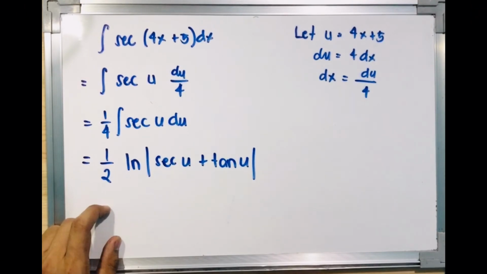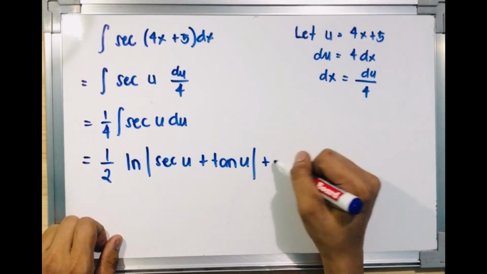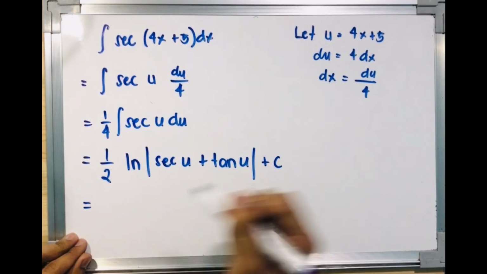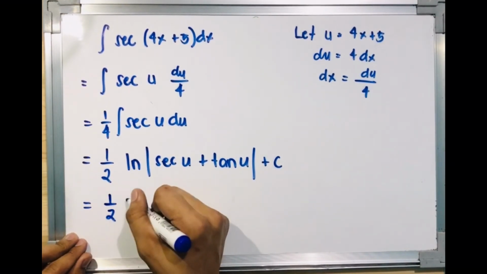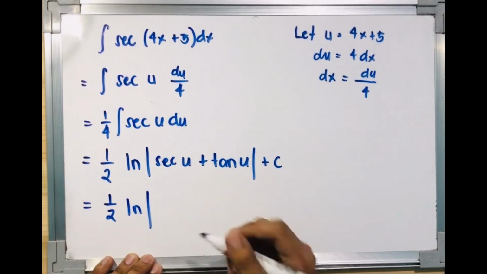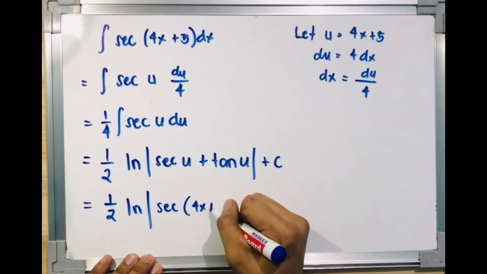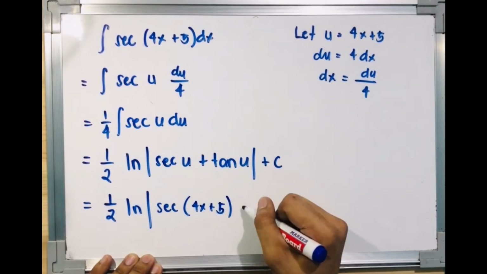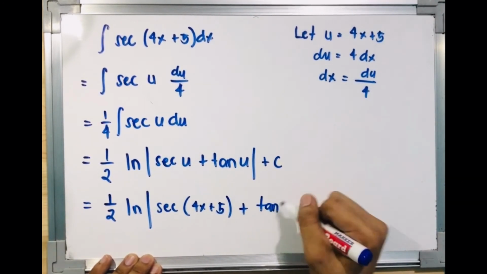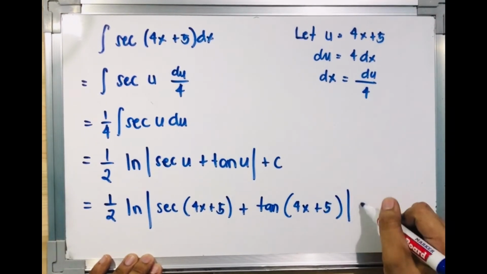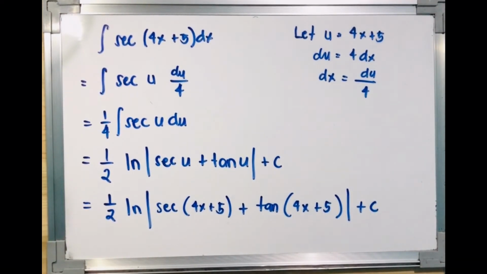Balikan nyo na lang yung video kung sakaling nakalimutan nyo. So, substituting the value of u, therefore 1/4 ln of the absolute value of secant 4x plus 5 plus tangent 4x plus 5 plus c. And this is the final answer to this problem.